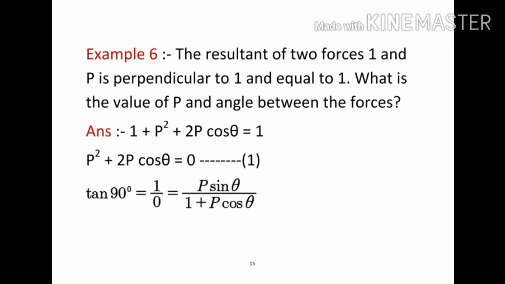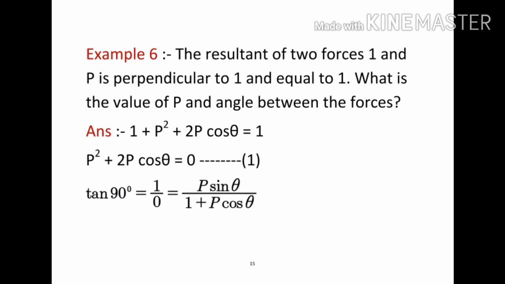Next one, another example. The resultant of two forces 1 and p is perpendicular to 1 and equal to 1. What is the value of p and the angle between the forces? Here the two forces are given as 1 and p, and the resultant is also equal to 1.